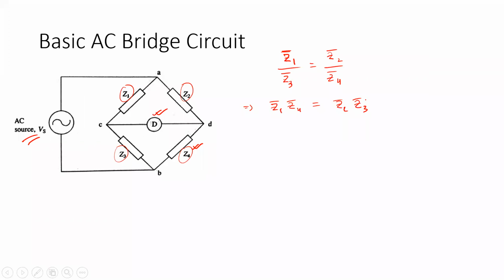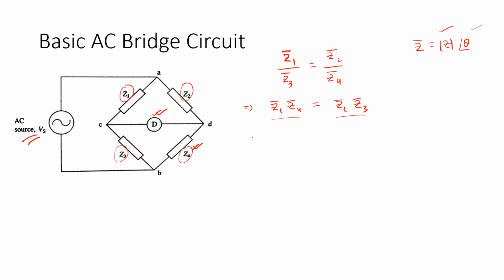Now, as we are dealing with impedances and they are complex quantities, we can represent them in terms of their magnitude and respective angle. So this balance equation we can also rewrite in terms of the magnitude and in terms of the angle separately.